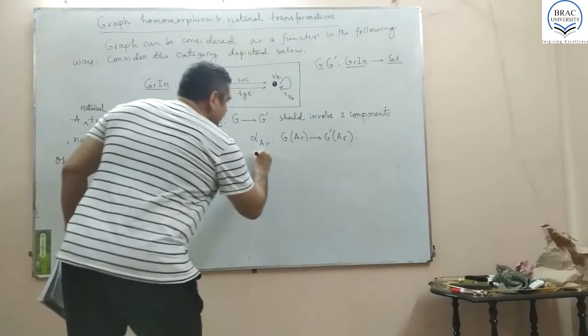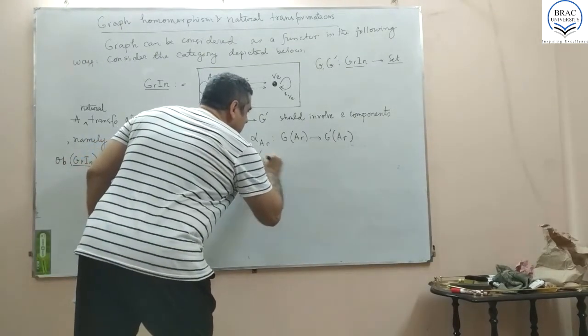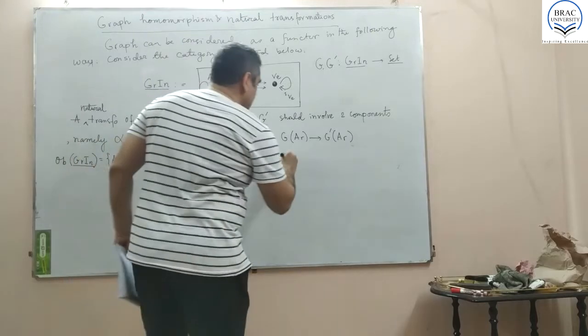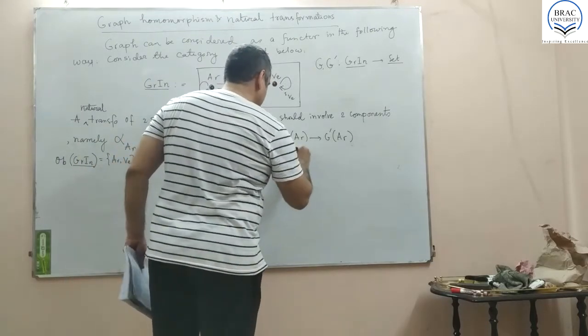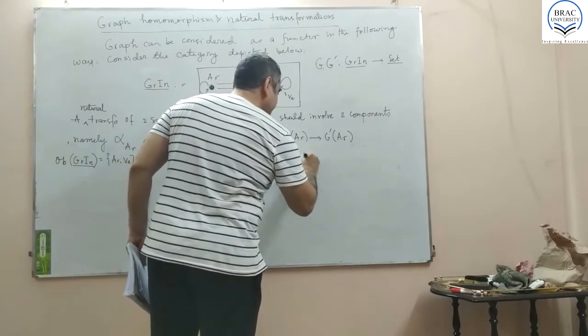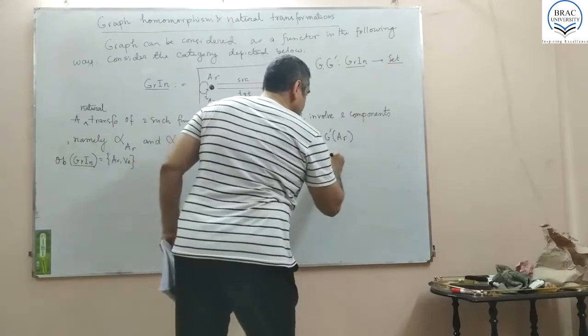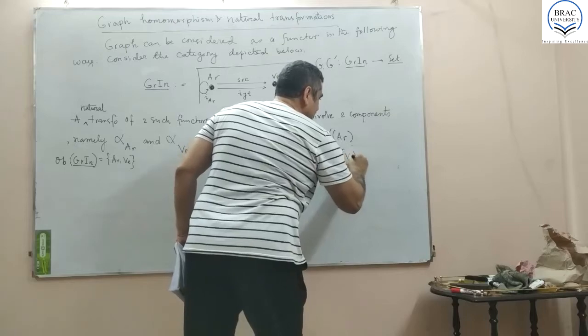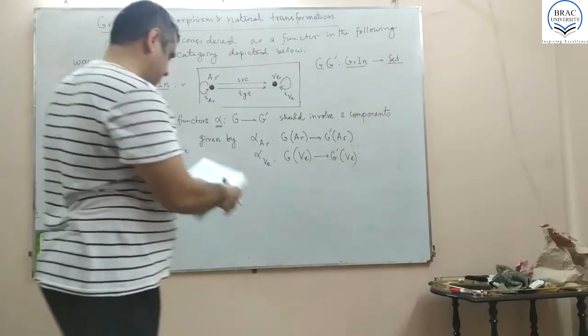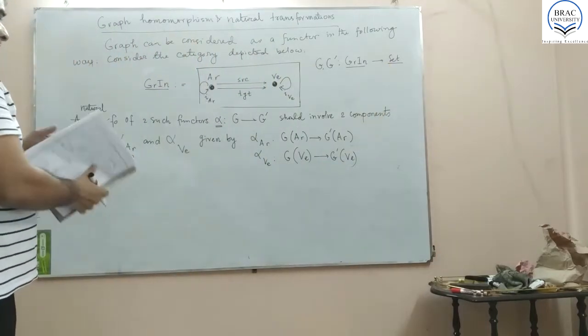And alpha sub VE is a function from GVE, this set here, to G prime VE, this set here. Okay. Good.